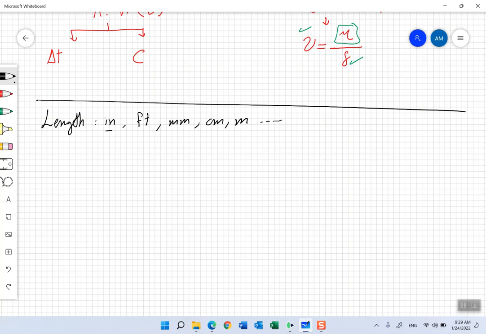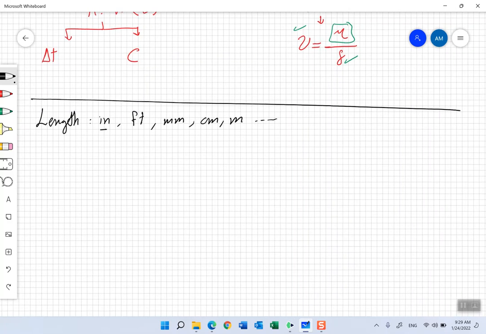Of course, if you are multiplying, let's say 5 inch by 3 feet, you can't do that. This is wrong. You shouldn't do that. You should first convert inches to feet, or feet to inches.